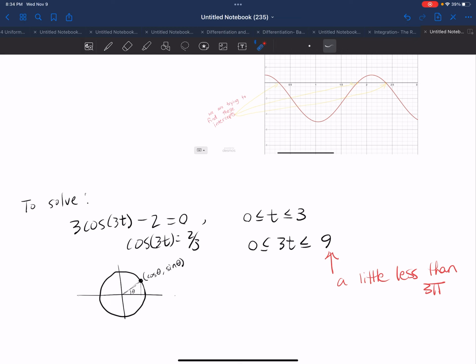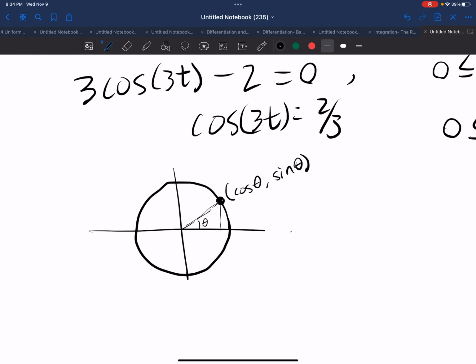If I'm trying to see when cosine is 2/3, this is going to be 1, this is -1, this is 1, and this is -1. I need cosine to be 2/3. That's the x component. So if this is 1, and I need my x value to be 2/3, then I'm going over maybe 2/3 here.